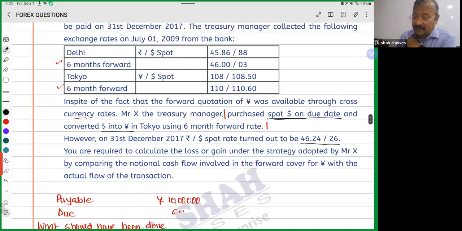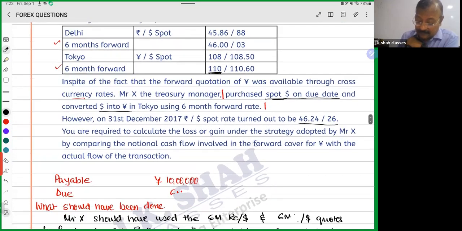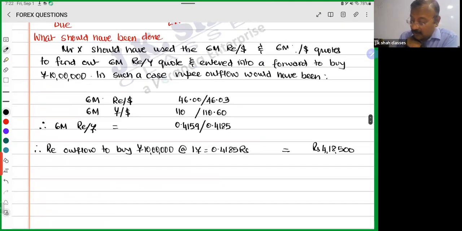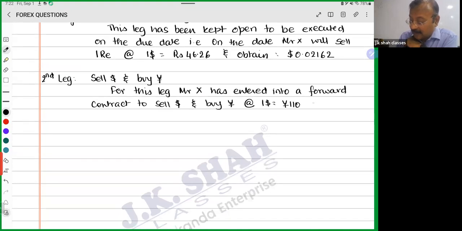Selling dollar, buying yen, $1 equals to 110 yen, and obtain. How many yen is he going to obtain by selling this 0.02162 into 110? That is 2.3782.